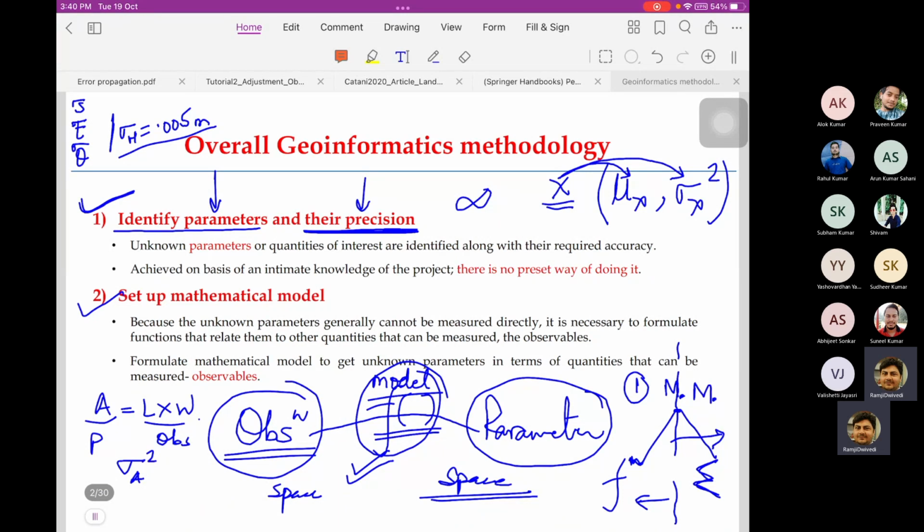There are two things you need to understand. You are using observables. Observables means the observations, which themselves are variables. That means they have errors. What you are doing knowingly is using those erroneous observations to estimate something.